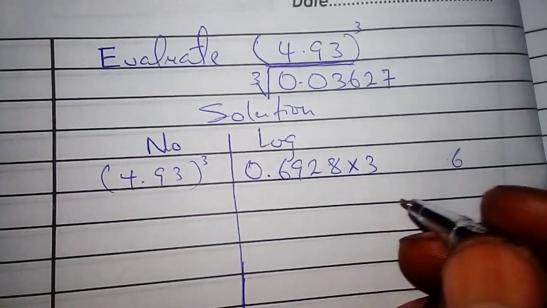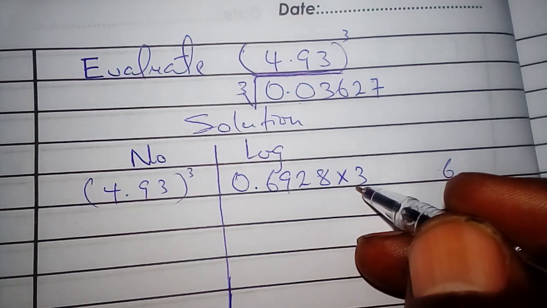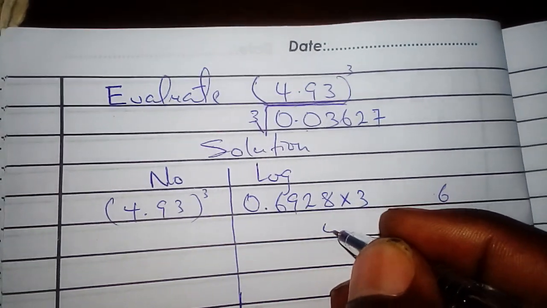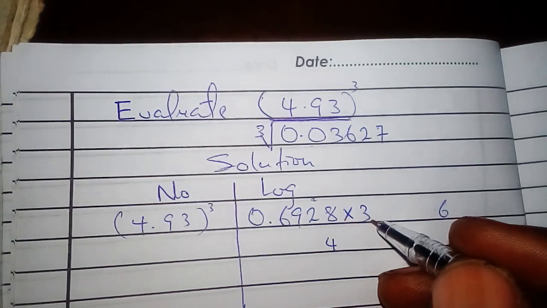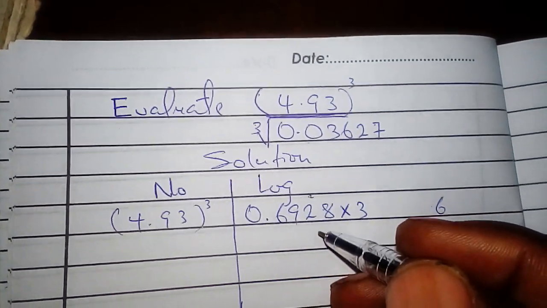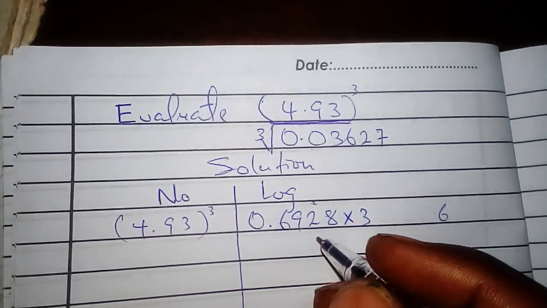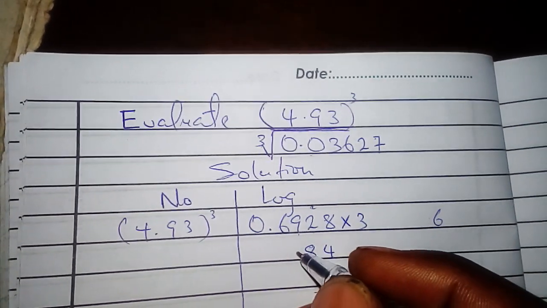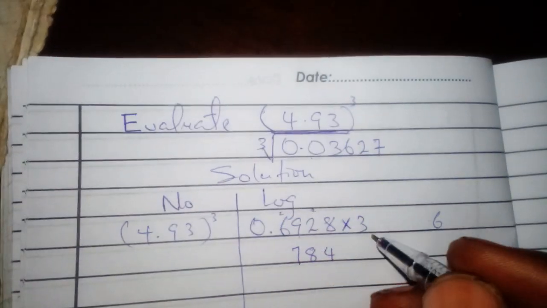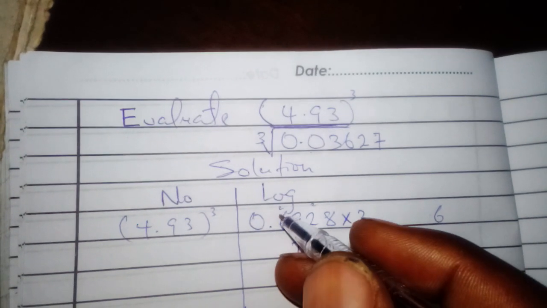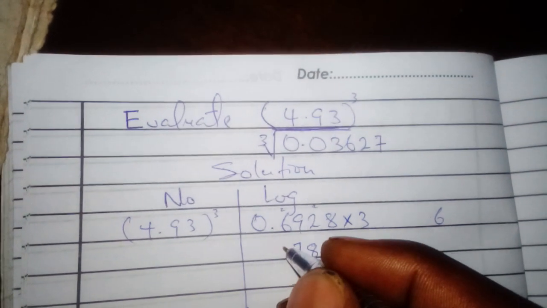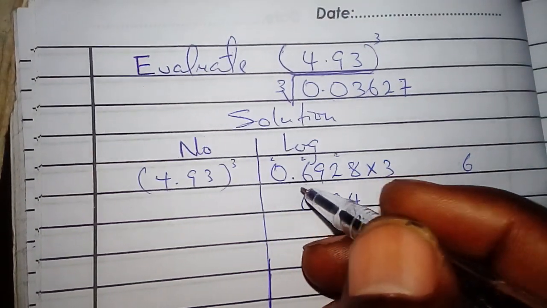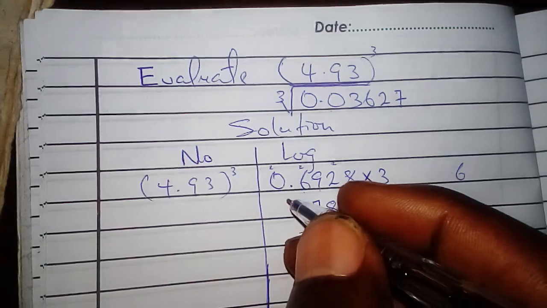So let's multiply holistically. 3 times 8 is 24, so we write 4 here and carry 2. 3 times 2 is 6 plus 2, we have 8. 3 times 9 is 27, so write 7, carry 2. 3 times 6 is 18 plus 2, we have 20, so write 0 here and carry 2. 3 times 0 is 0 plus 2, which is 2.